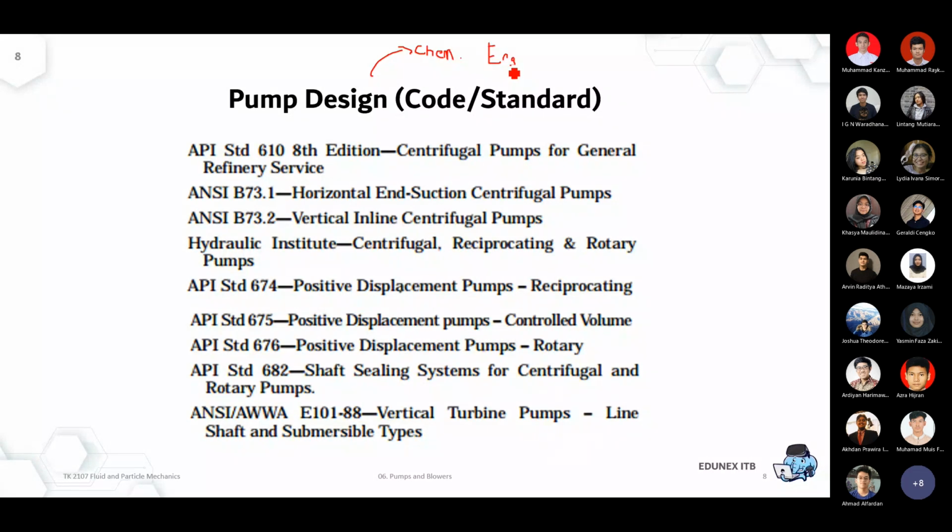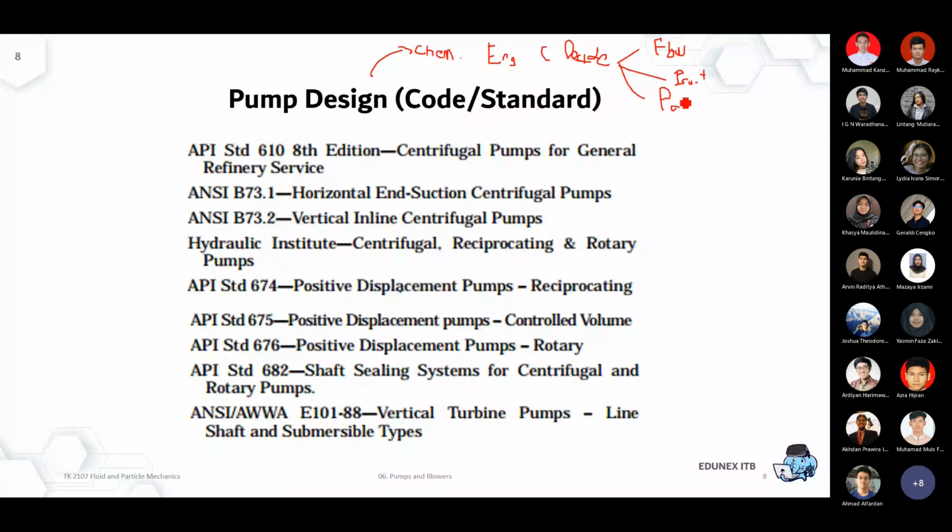We decide the flow rate, that's our decision. Then we decide the pressure in the suction part, and at least the pressure in the discharge part. That's a chemical engineer's decision.